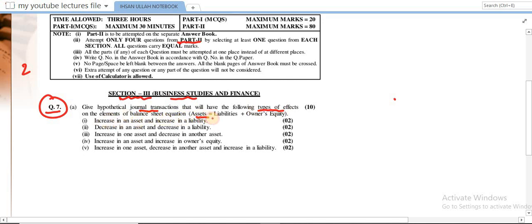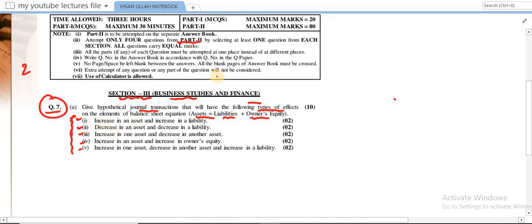This is the balance sheet equation: Asset is equal to liabilities plus owner equity. So we will have to create a hypothetical journal transaction that will have the effects which will be this one, this one, this one, and this one. So we'll create 5 hypothetical scenarios, and each scenario will have the effect which is mentioned here.